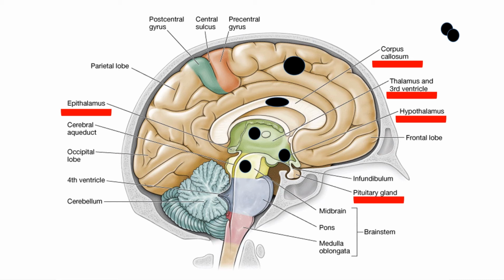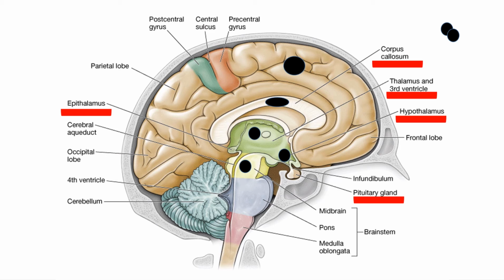The thalamus, the hypothalamus, and the epithalamus are not part of the brain stem. They separate, or they connect, the cerebral hemispheres to the brain stem. This area of thalamus, hypothalamus, and epithalamus is called the diencephalon, but we are not interested in these difficult terms.